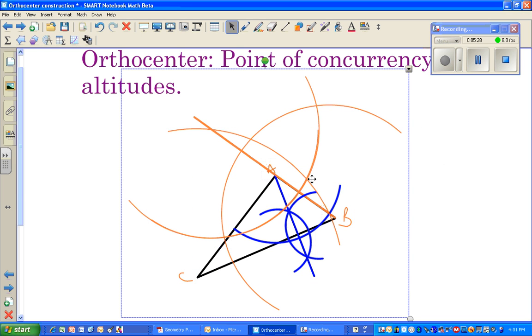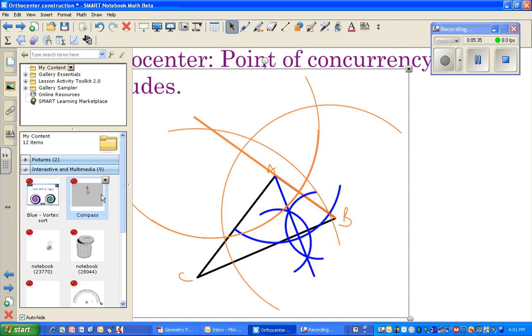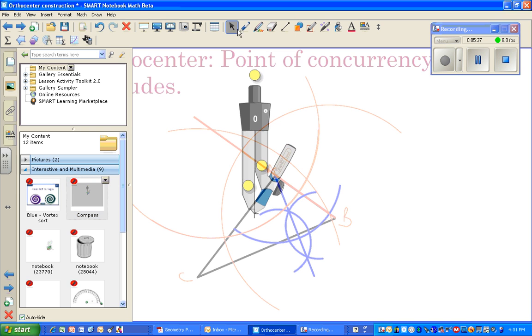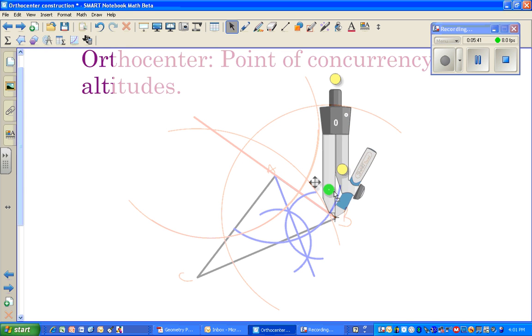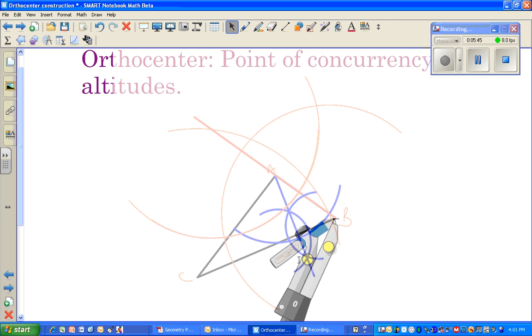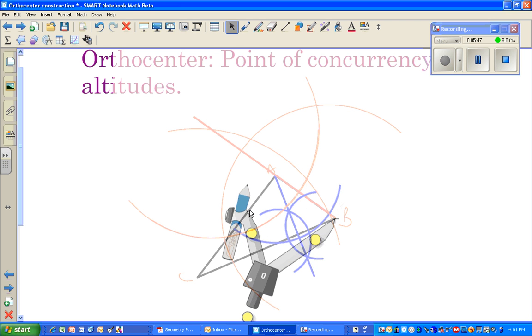Now I have to make one more smile. So I need to pivot on B and swing to AC. I'm going to pivot on B and swing an arc to side AC so it intersects that side two times. We'll make it green this time.